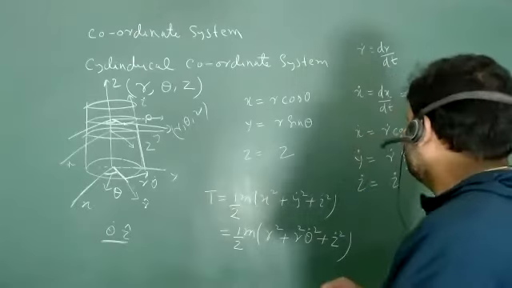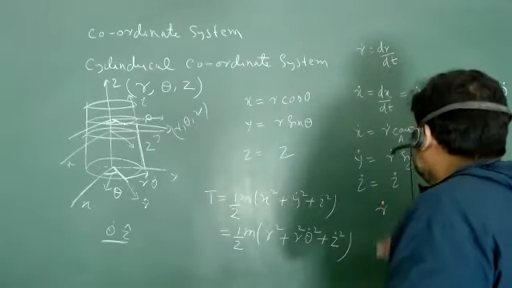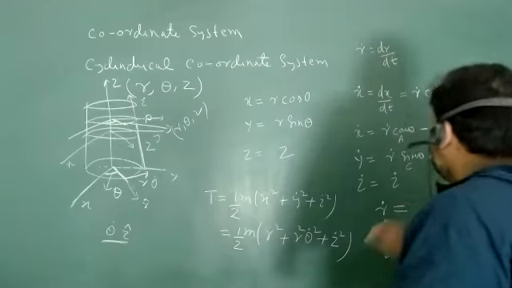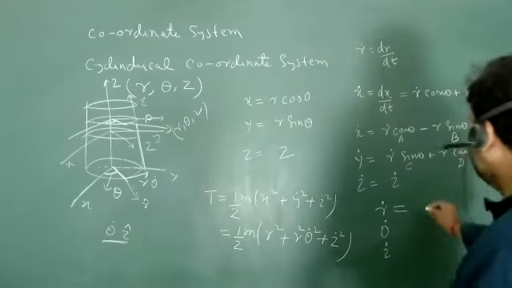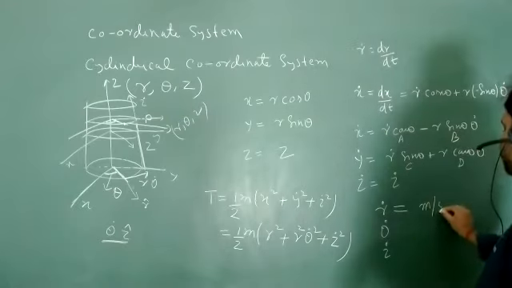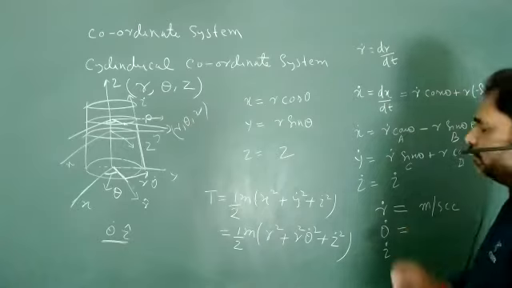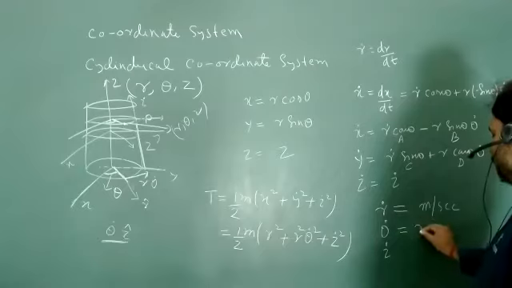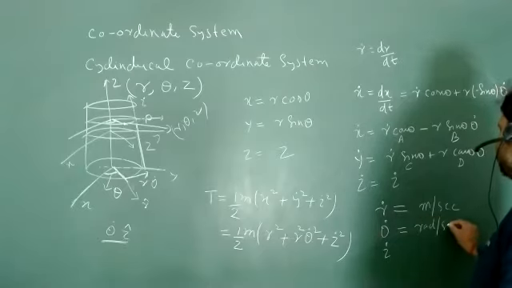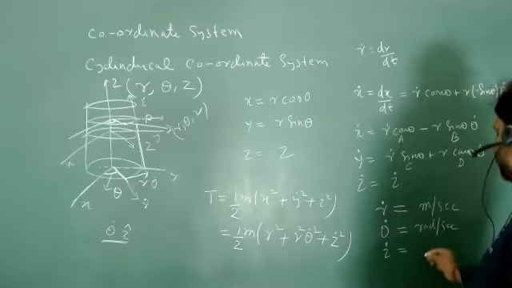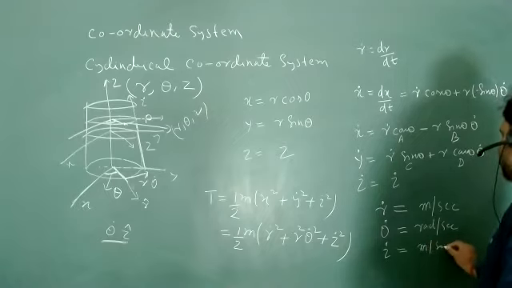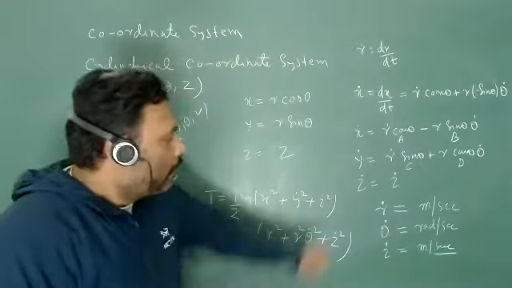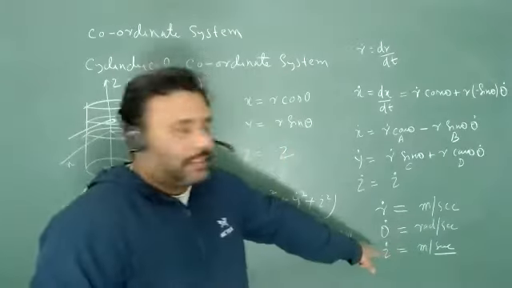So your generalized velocities are r dot, theta dot, and z dot. The dimension of r dot is meter per second. And the dimension of theta dot is nothing but radian per second. And the dimension of z dot is also meter per second. So in the Cartesian coordinates, all generalized velocities have the same dimension.